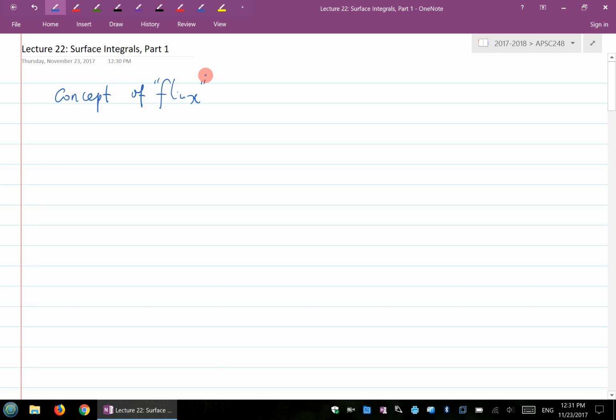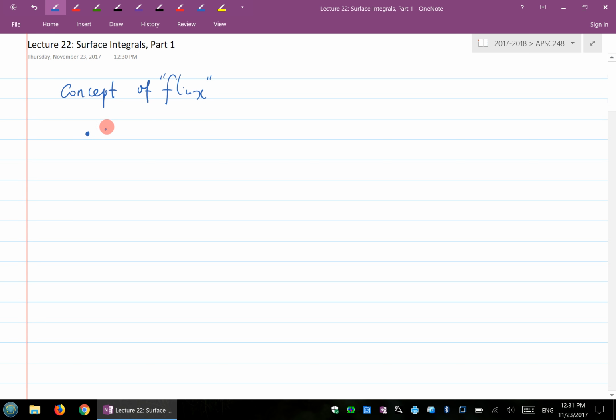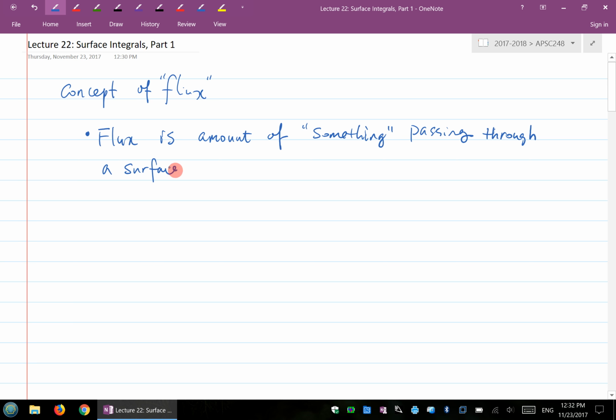I think in your Applied Science 178, you probably covered or learned a little bit of what flux is. Okay, so in very simple language, flux is basically the amount of something passing through a surface in unit time.